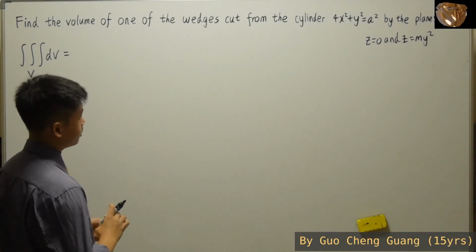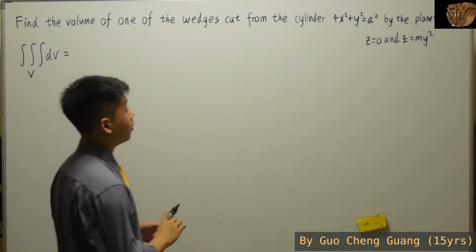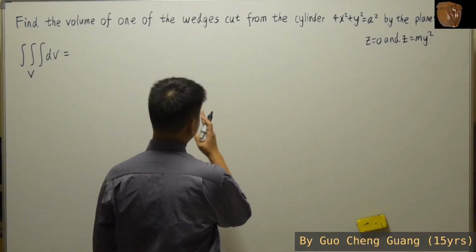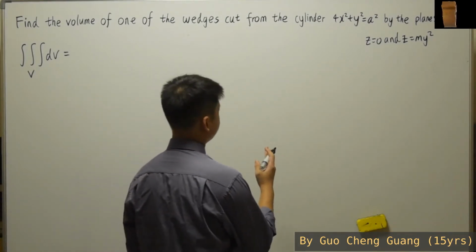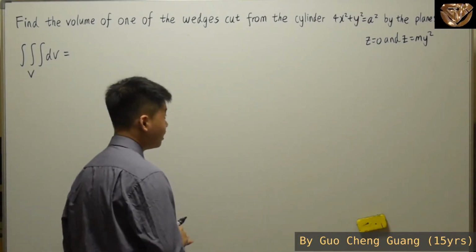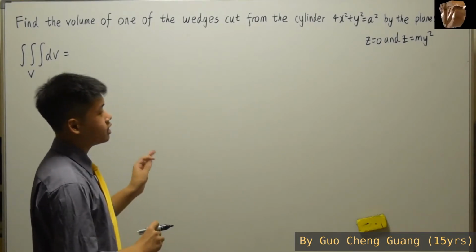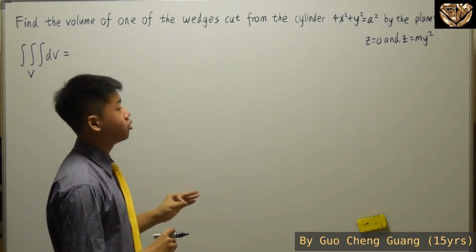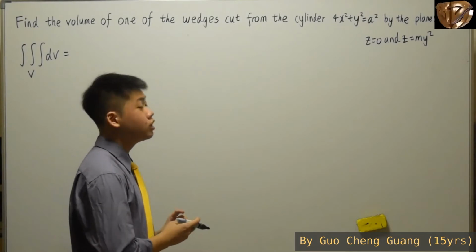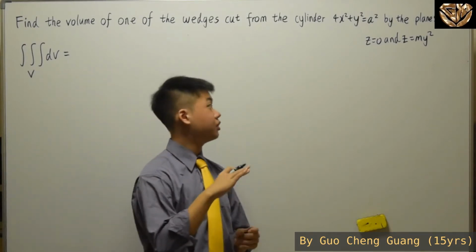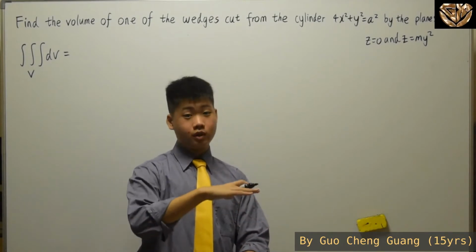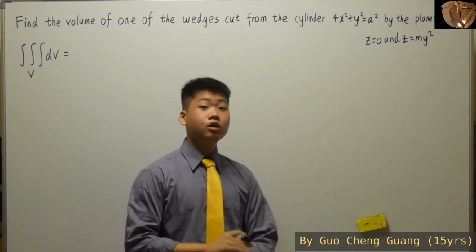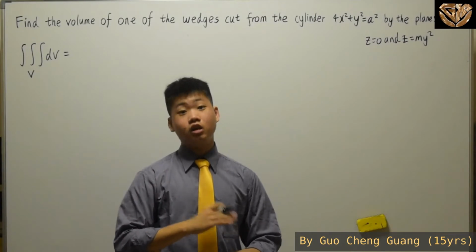So what do you think about it? Now we do have a function of x and y, and a function of z and y. And then you realize there's z = 0 and z = my². So z = 0 from your xy plane to my², depending on wherever it is, which means this is essentially your height.